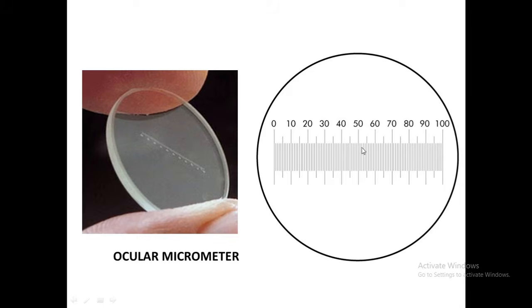However, the distance between two adjacent marks is constant for a particular ocular micrometer. We should remember this calibration should be done separately, not only for different powers of objective lens, but also for the same power on different microscopes, because it may vary with the microscope as well.